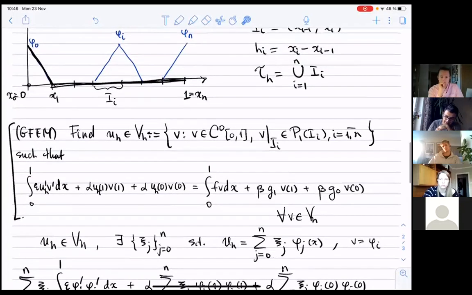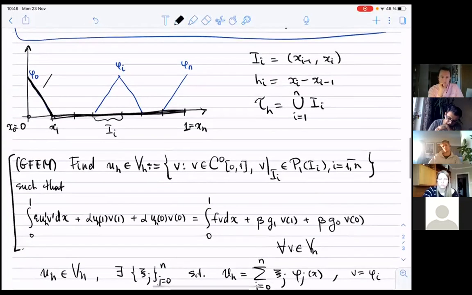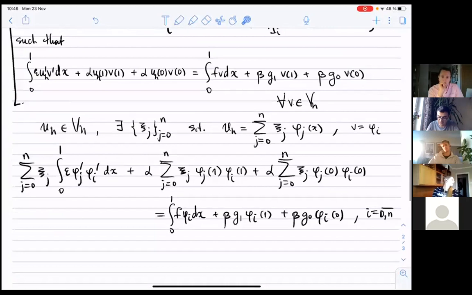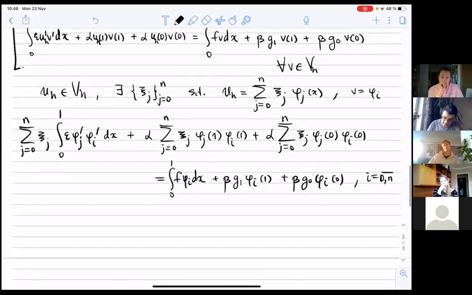In the same way, here we have phi 1. I want to say that at this point, phi 0 at 1 is 0, phi 1 at 1 is 0, etc. So everything is 0 except the last one. So that means that in this summation, you can choose whatever you want, but the only non-zero element is the last one.